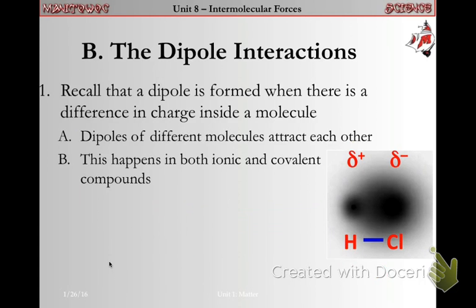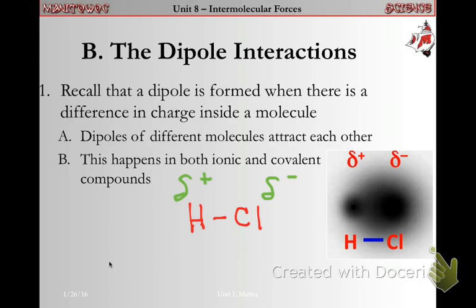Dipoles of different molecules will actually attract one another. So again, I've got a picture of hydrogen chloride on the right side of this slide, and that's just one hydrogen chloride. But let's say I went ahead and I drew a second HCl, and that HCl had, again, a negative side and a positive side.